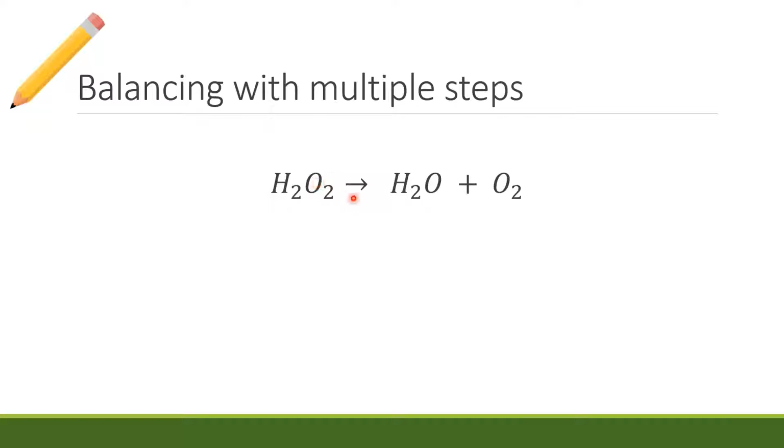We balanced H2O2, which we struggled with because I was like, oh man, there are a couple ways to do this. Then I showed you this one here, which had a bit of a cheat at the end. The cheat was, we're just going to make this 3.5, but then we'll multiply everything by 2.